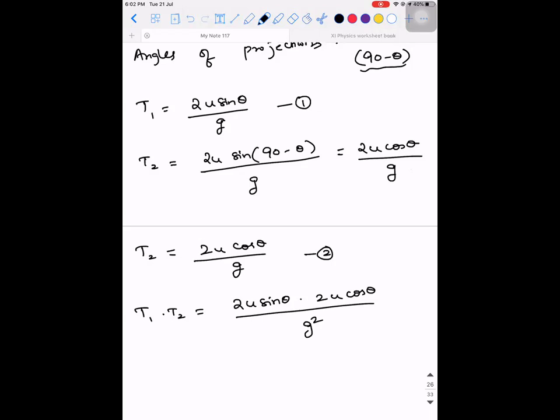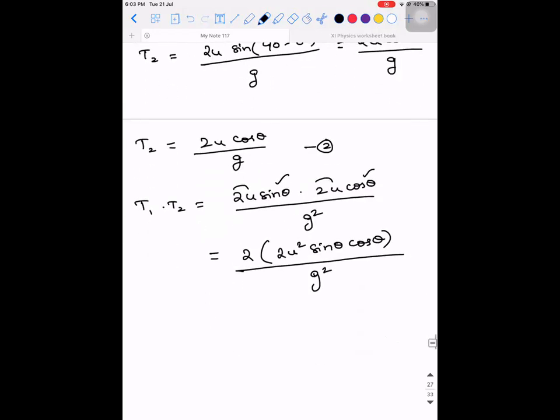So 2u into 2u will be 4u square, but I'll still write it as 2 into u square sine theta cos theta, the whole divided by g square. What is 2 sine theta cos theta? Sine 2 theta. Yes. So 2u square sine 2 theta the whole divided by g into g.